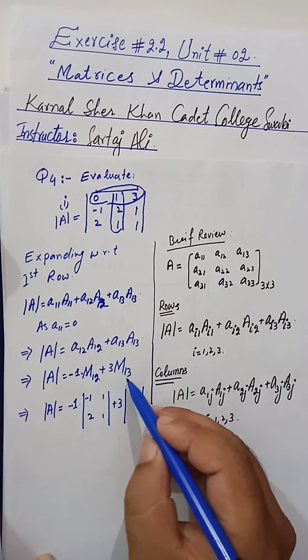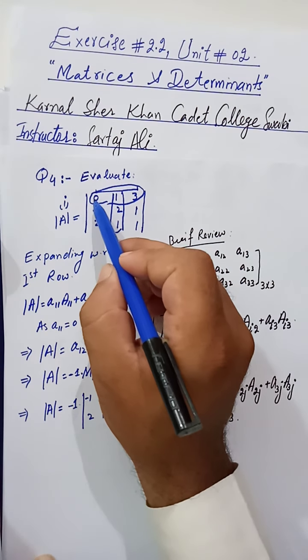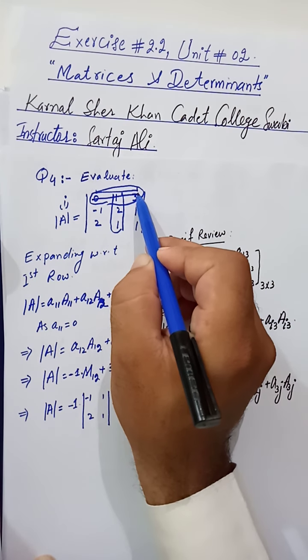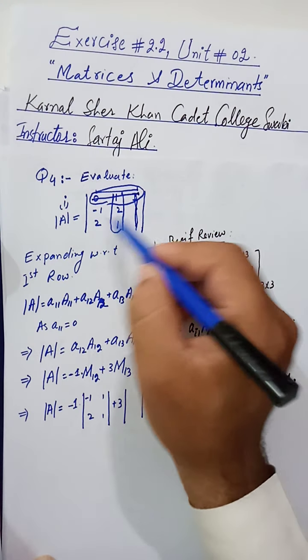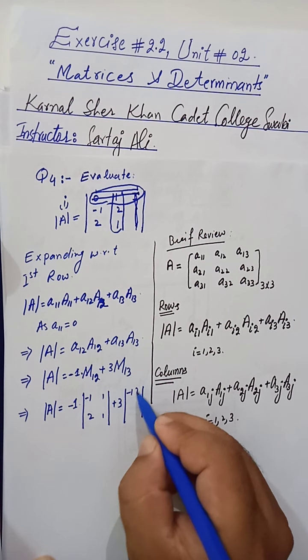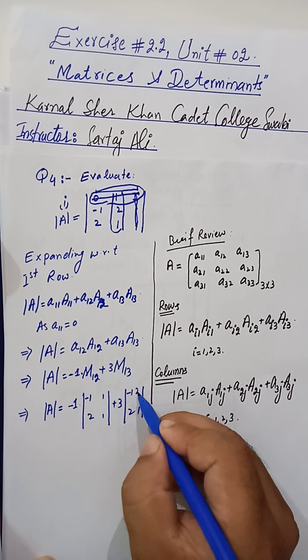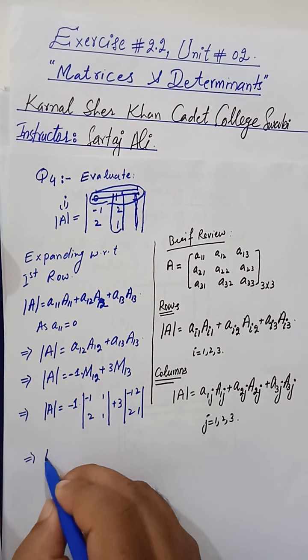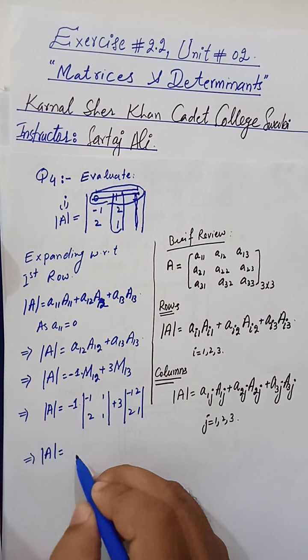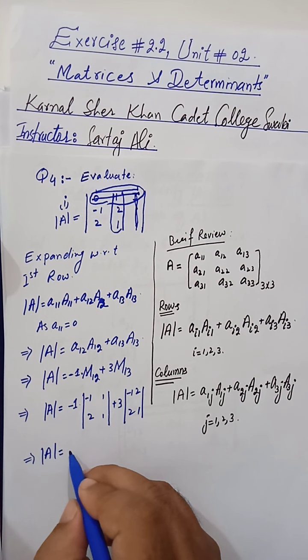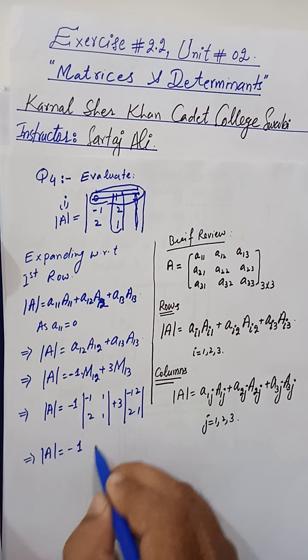Okay, now if you need to find out M13, so you need to cancel out the first row and third column and take the determinant of the rest. So that will be 1 minus 1, 2 2 1. Now you see that these are the determinants of 2 by 2 matrices. So multiply diagonals with diagonals and non-diagonals with non-diagonals, and just plug a minus in between.